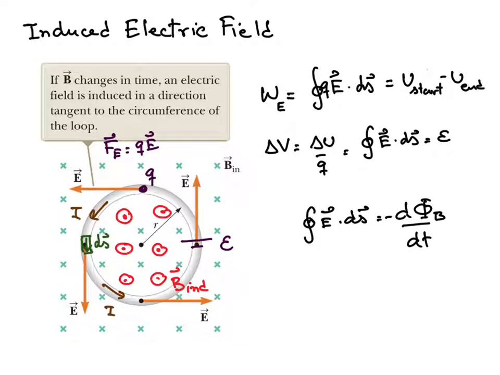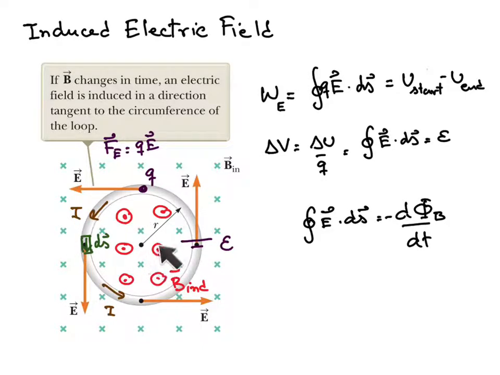Okay, and we know from Faraday's law that this will induce a current inside the loop, and this current will induce a magnetic field that goes against the change of the flux.